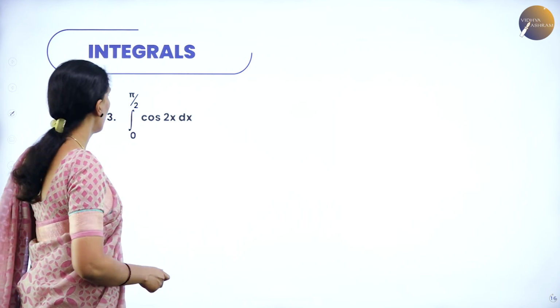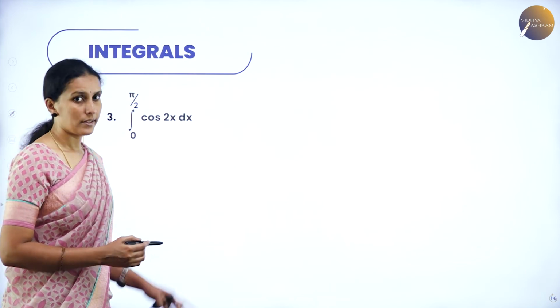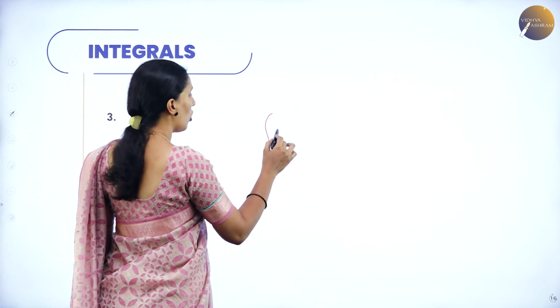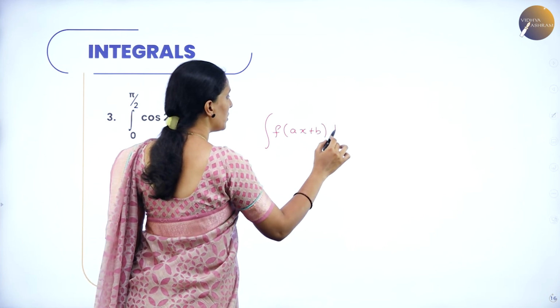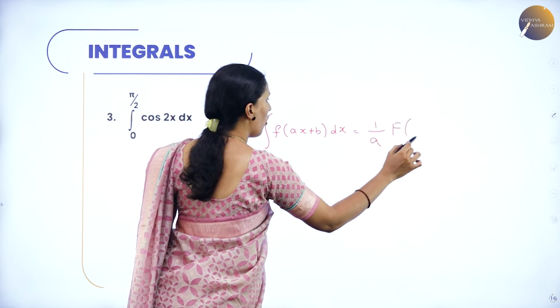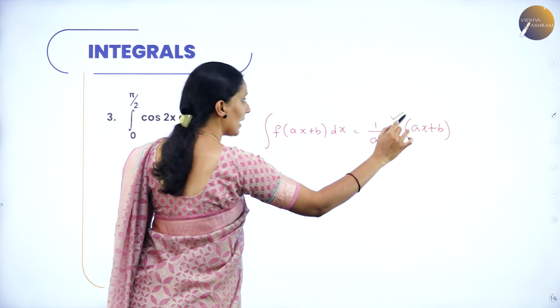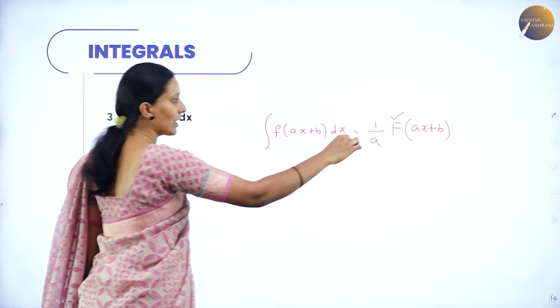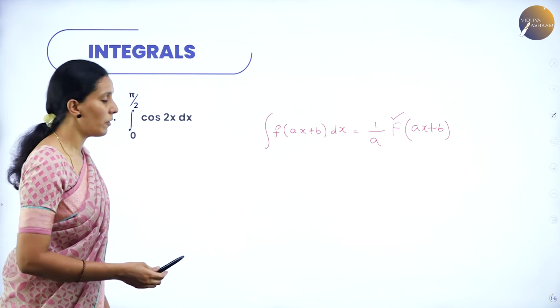Next, integral from 0 to pi by 2 of cos 2x dx. We know that the integral of any function of the form f of ax plus b with respect to dx can be written as 1 by a times F of ax plus b, where F is the antiderivative of the function. Since constants are given, that has to be written in the form of 1 by a.